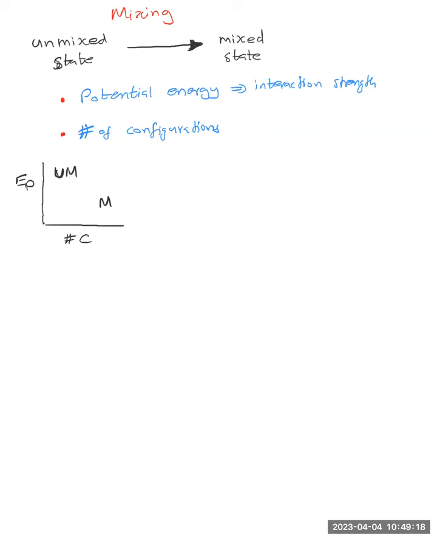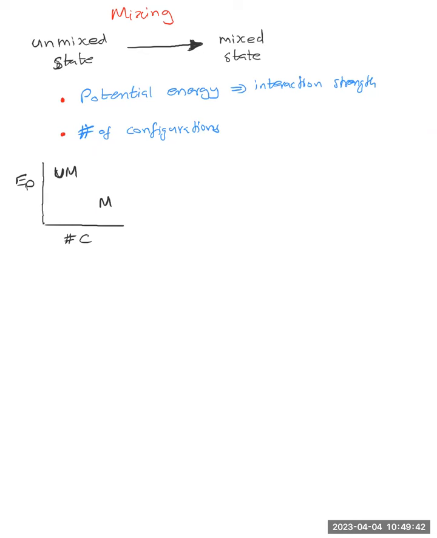Why? It has a lower potential energy, meaning we have stronger interactions in the mixed state, and it also has a higher number of configurations. Therefore, the mixed state is favored by the number of configurations as well. If this is our situation, this is going to be soluble or miscible at all temperatures. There's no doubt about that.